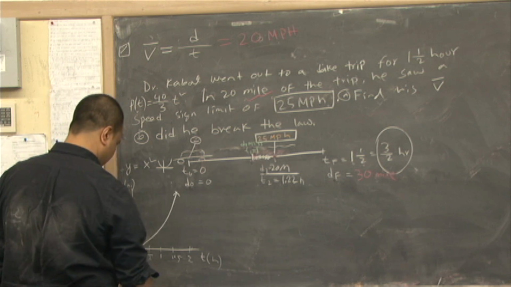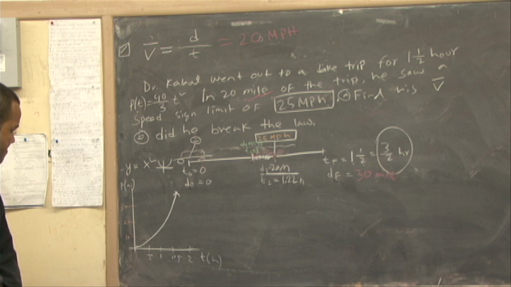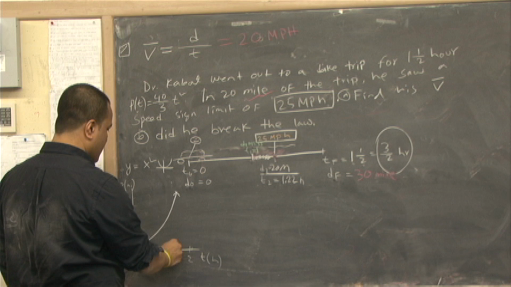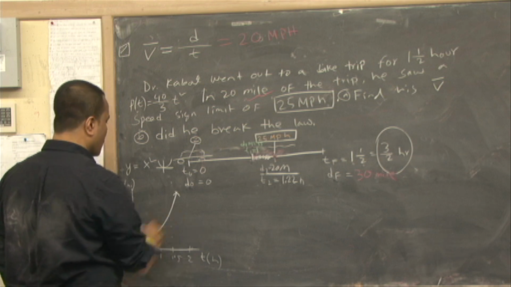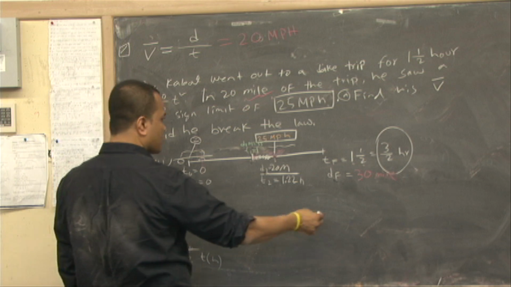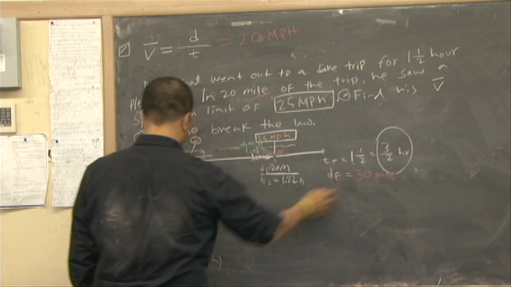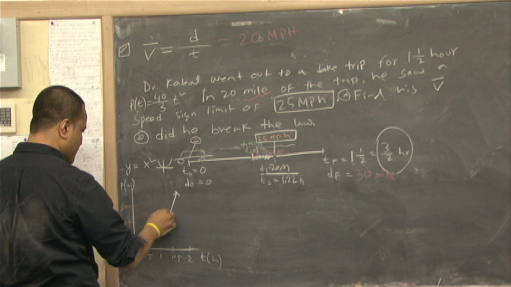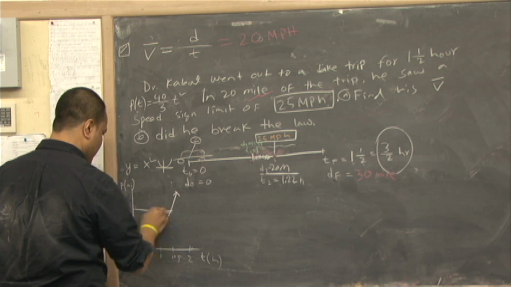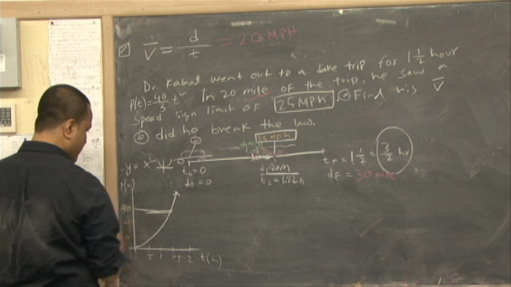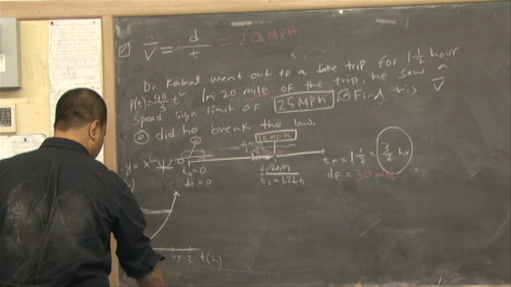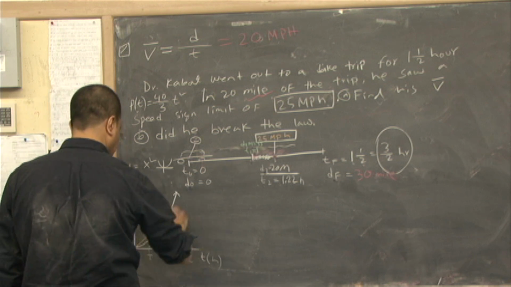Now at 1.5 hours, what was his position? His position was 30 miles, so let's put 30 here, and connect that.